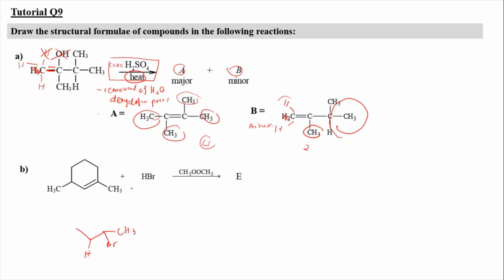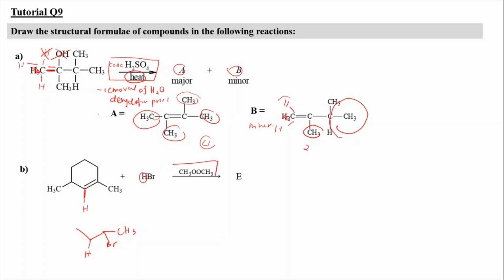So by right, hydrogen would need to be attached to a carbon that has hydrogen. So according to the Markovnikov rule, hydrogen needs to be placed on the carbon which has more hydrogen. So this is the place that the hydrogen should take.